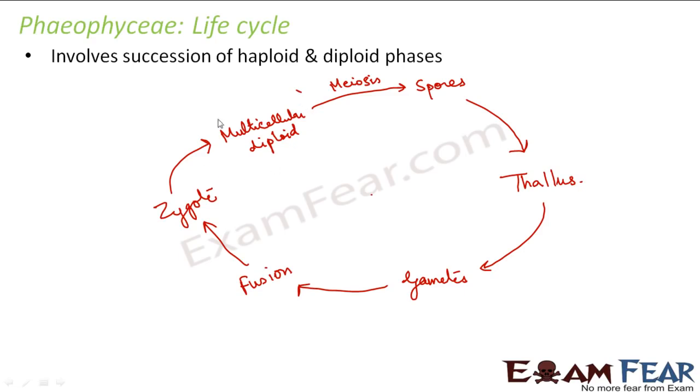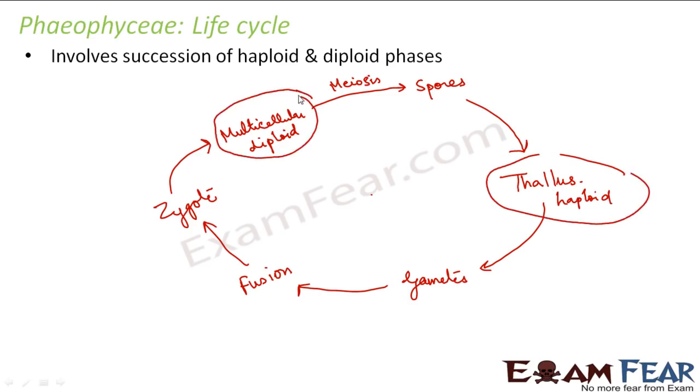This is an additional phase which is introduced in Phaeophyceae, which was not there in Chlorophyceae. In Chlorophyceae, the zygote was the short-lived diploid phase, but here the zygote gives rise to a multicellular diploid phase, and the thallus is the haploid phase. So this is the haploid phase and this is the diploid phase.